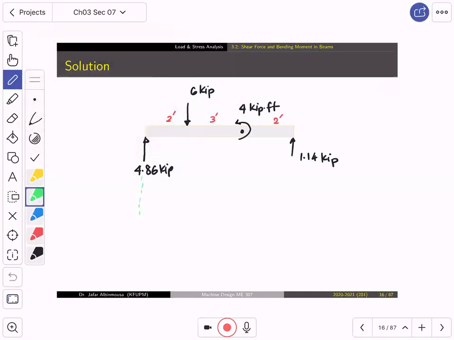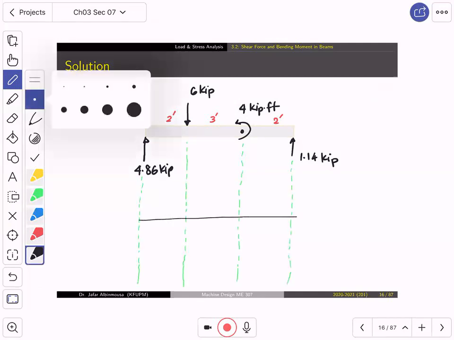All right, now what I am going to do is draw a very thin green line, just to make sure that I have the points where changes in forces or moment take place. Good? And then, let's say I use the black color, and change the intensity again.